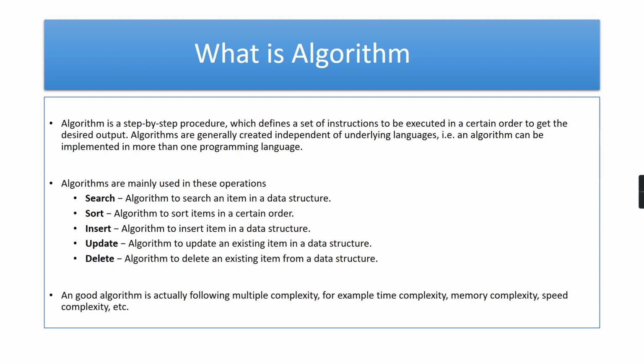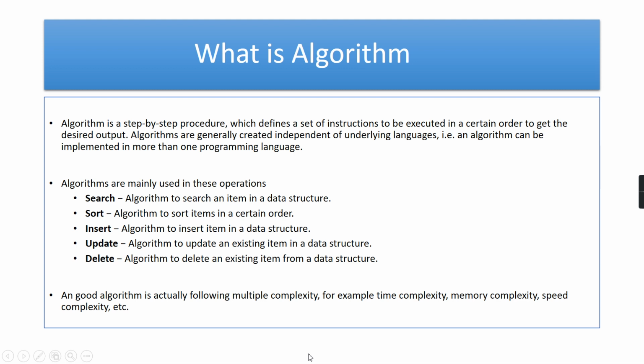For example, they will give a scenario: we have an array of size 26 with all the alphabets in it, but they are not in the correct order. It is not stored as a b c d, it is stored as, suppose, z, then a, then c, then m, then v. You want to sort them all. So what kind of algorithm will you follow and write? This is a very important question: what is a sort algorithm.